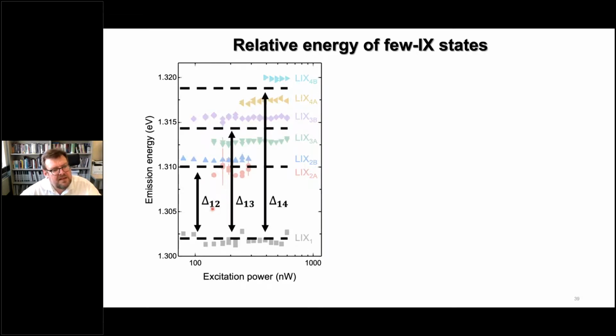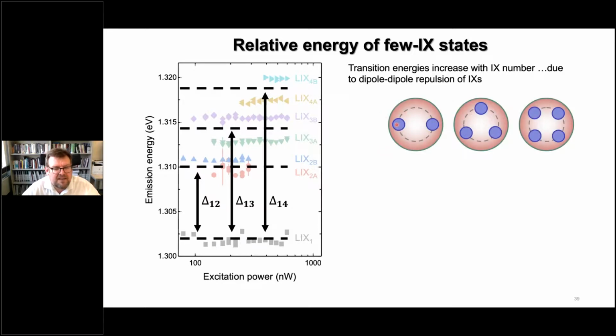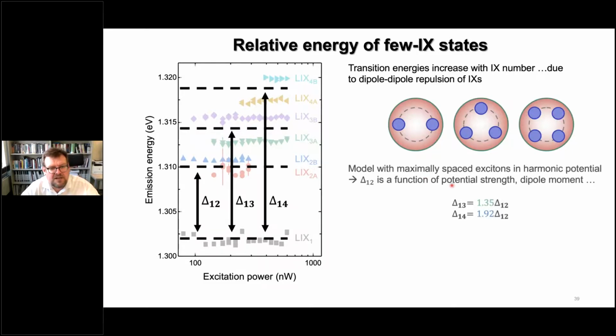And if you measure all of these energy gaps, you can convert them into dipole-dipole repulsions, and what we've done is something I'm almost ashamed to tell you. We've basically placed dipoles within a trapping potential. We've fixed the characteristic energy of the trapping potential and calculated the lowest energy configuration of 2 excitons or 3, or if you put 4 on, you can imagine there are different symmetries depending on where the dipolar excitons go as they avoid each other.